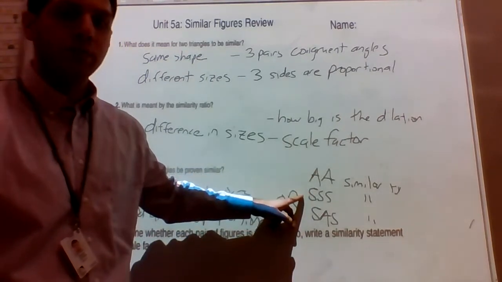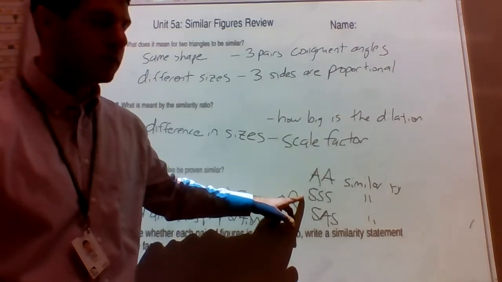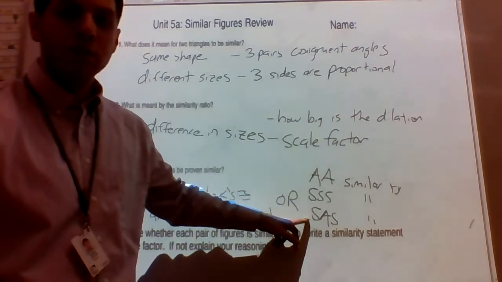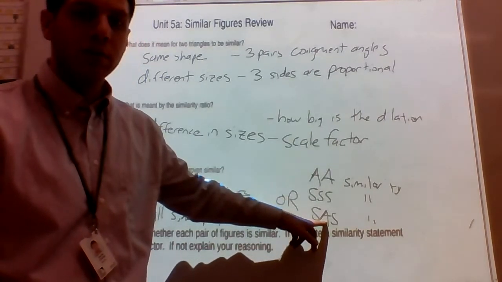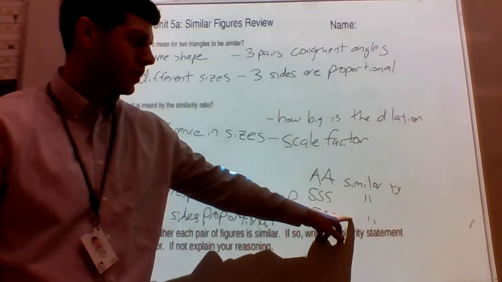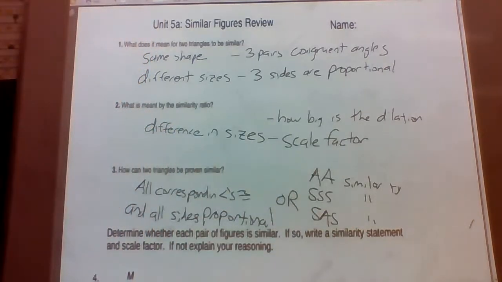If we have 3 sides that are proportional, then we know the triangles are similar. If we have 2 sides that are proportional and the included angles are congruent, then the triangles are similar.